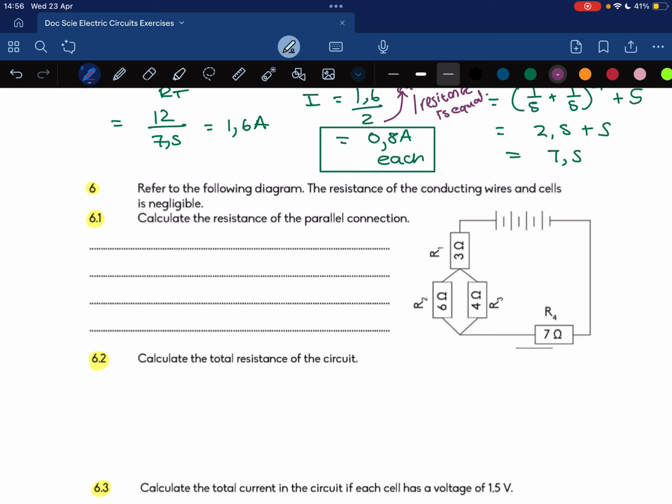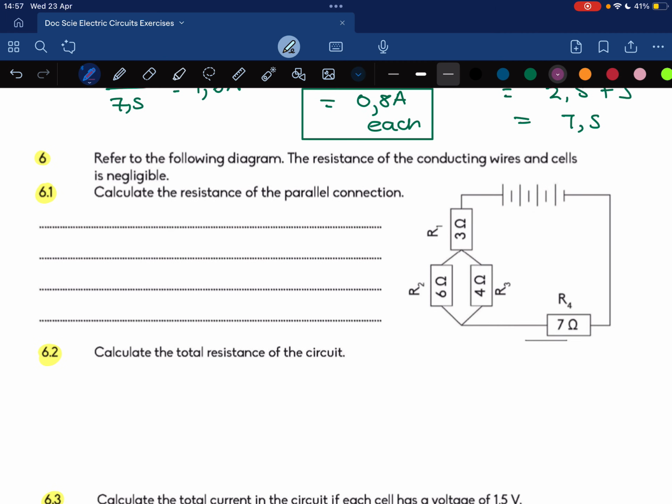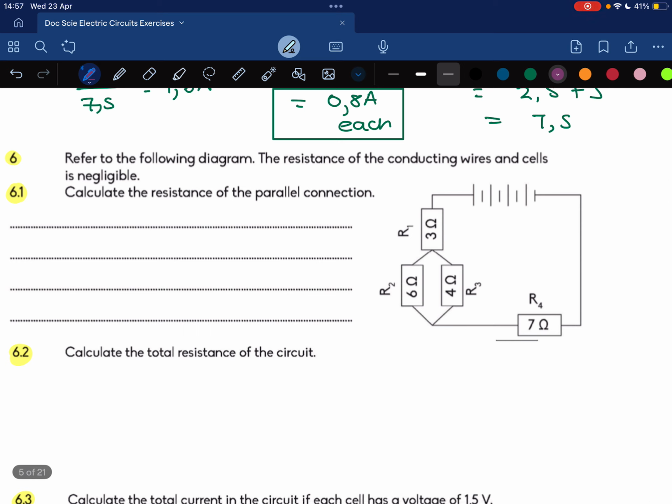It says, refer to the following diagram. The resistance of the conducting wires and cells are negligible. Calculate the resistance of the parallel connection. So again, you notice that you have resistors that are in series and you have a resistor that is in parallel.